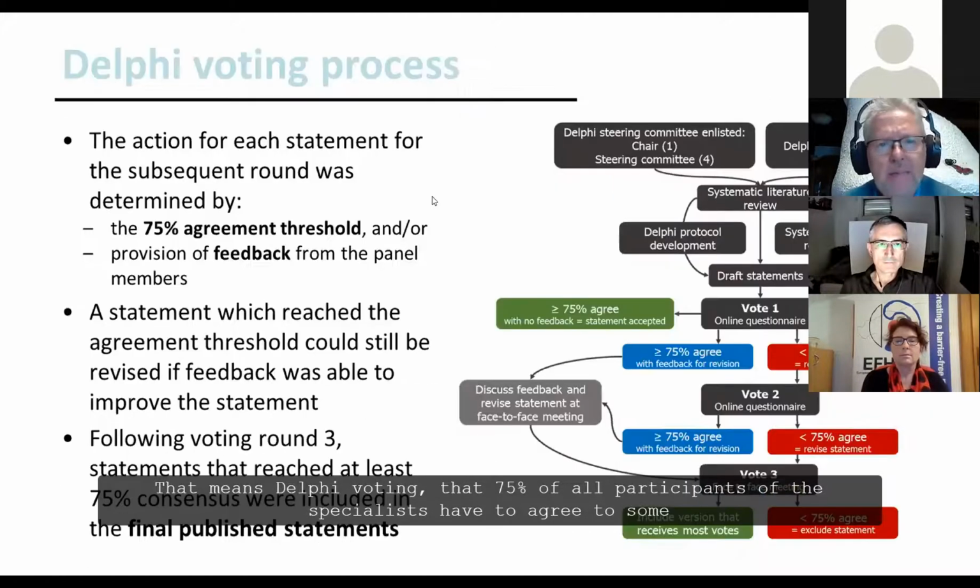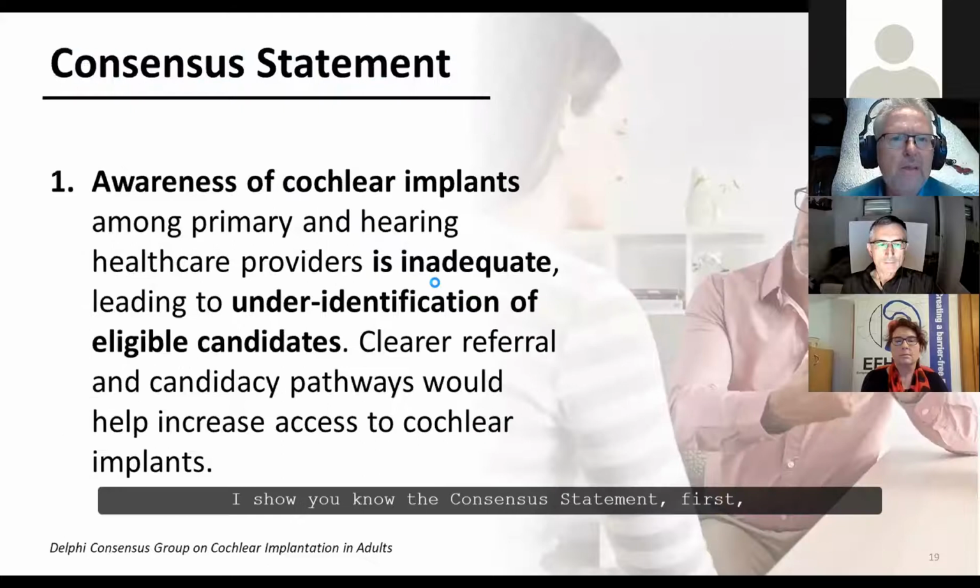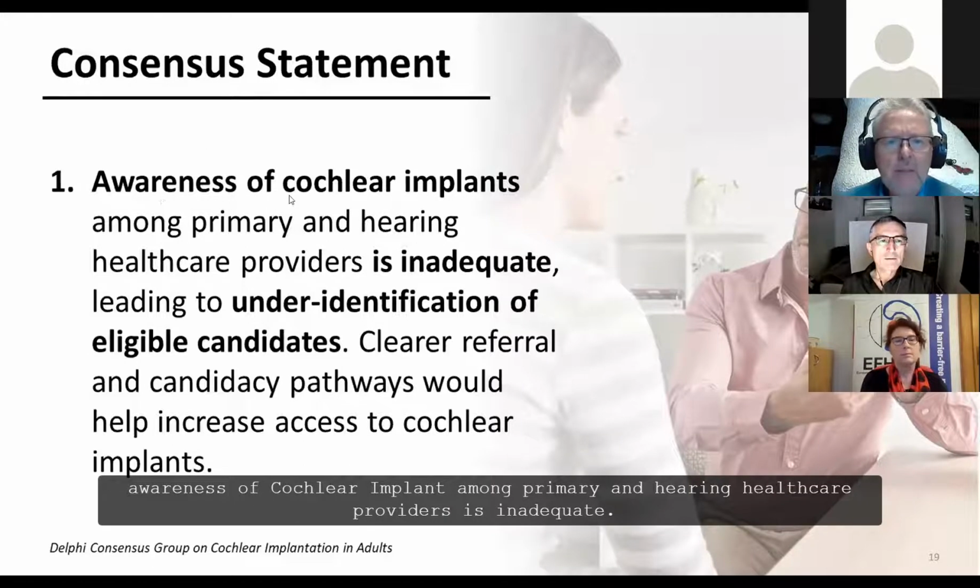So what does Delphi voting mean? That means that 75% of all participants, of the specialists, have to agree to these statements. Then the Delphi voting process is successful. So I show you now the consensus statements. The first is that the awareness of cochlear implants among primary and hearing health care providers is inadequate.